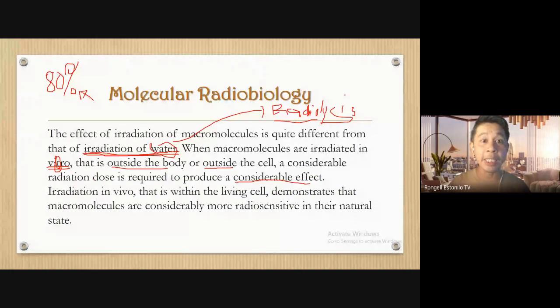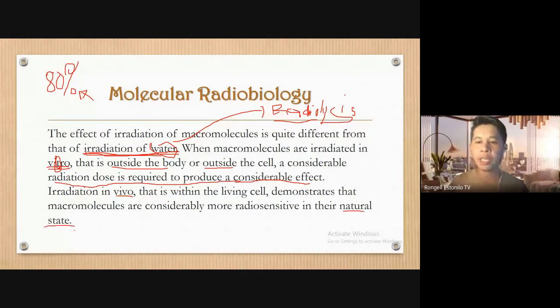Meaning there should be a radiation dose required to produce a considerable effect. So there should be a threshold dose. Irradiation in vivo is the opposite of in vitro, meaning that is within the living cell. This demonstrates that macromolecules are considerably more radiosensitive in their natural state.